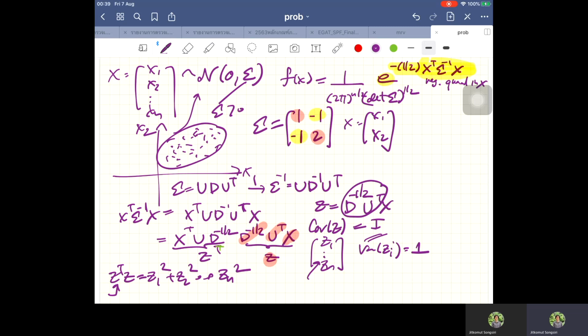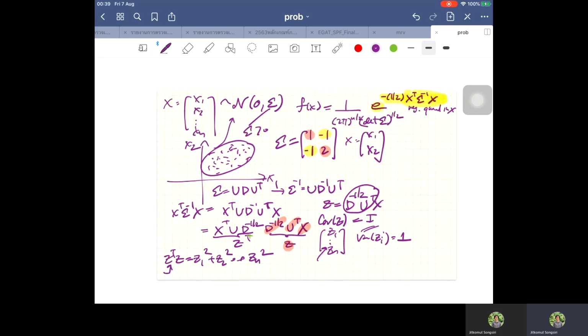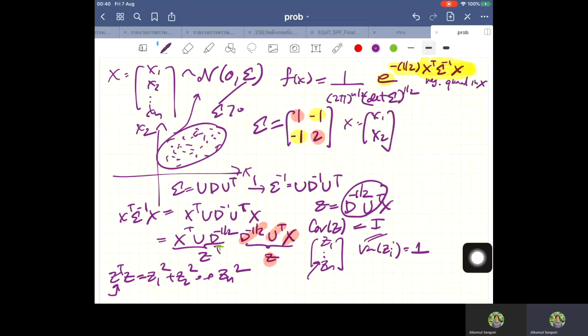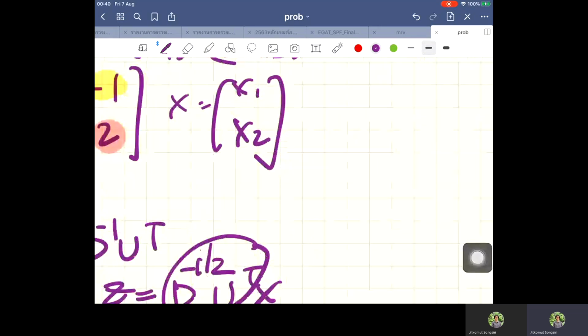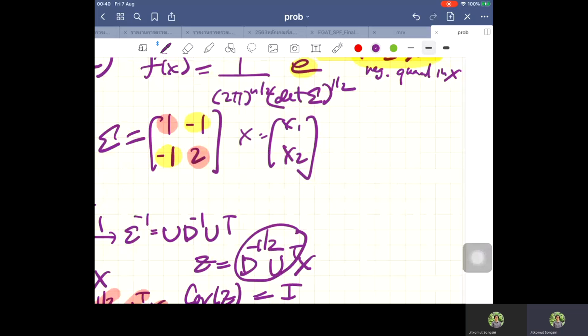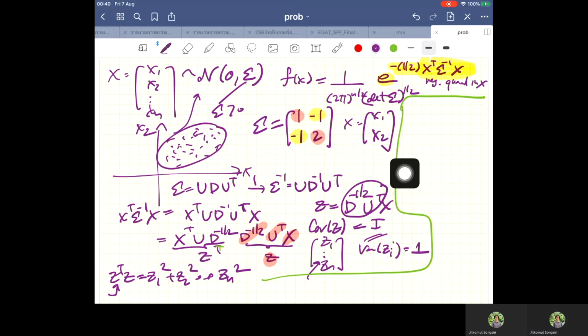Now, what do you know about this quantity, Z transpose Z? From statistics, X is Gaussian. We learn from the property of Gaussian vectors that if X is Gaussian and is transformed by an affine transformation, the resulting vector is also Gaussian.